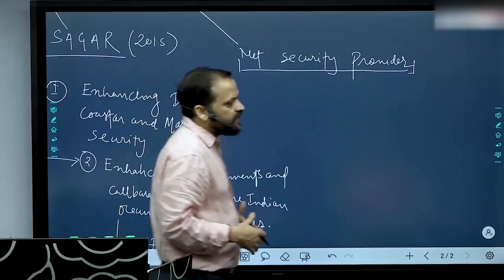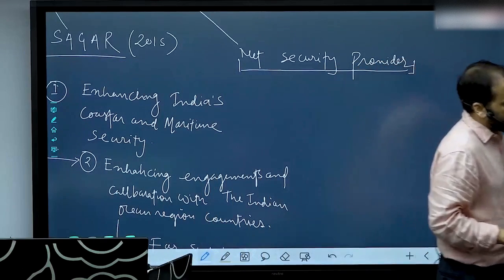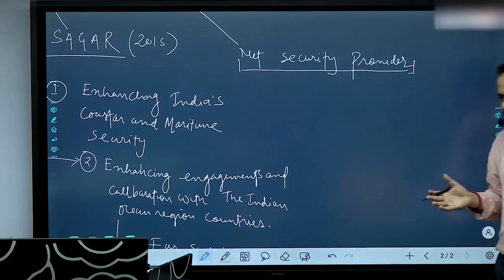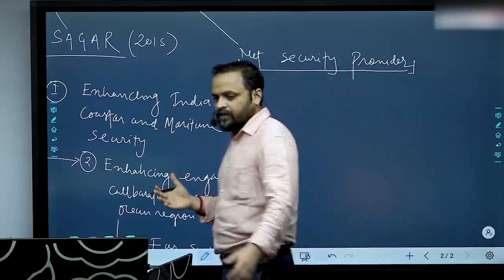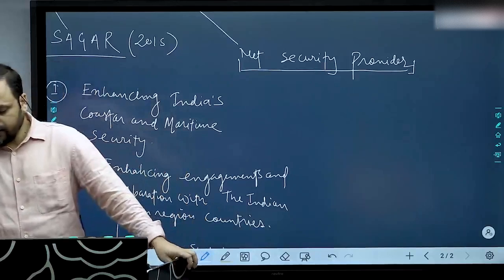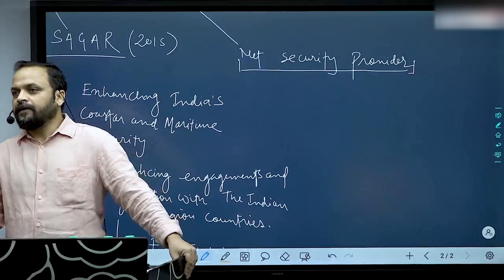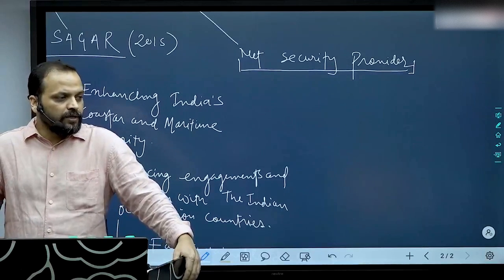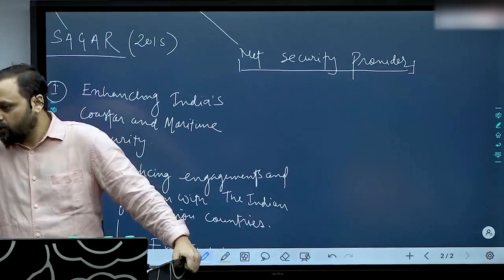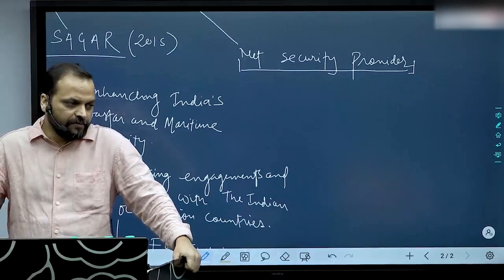So this is a term that has been used a lot since the last 2 decades, right? 2000s. So the US in its document started saying that it looks forward to India being the provider of net security in this region.